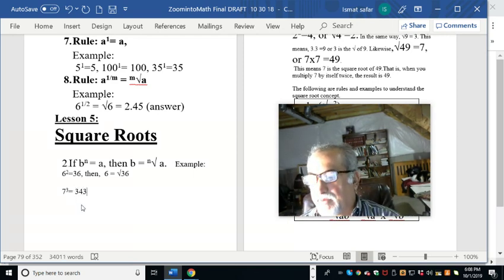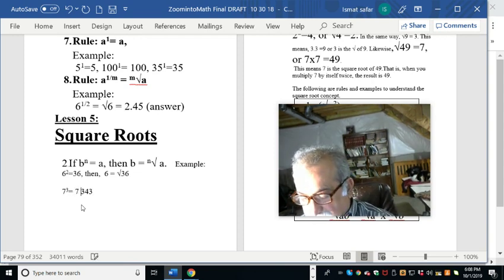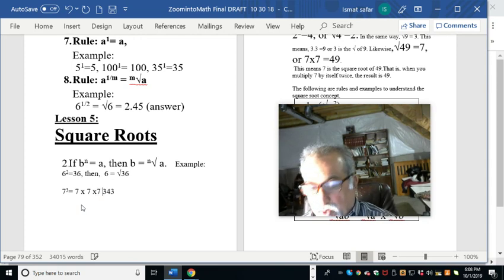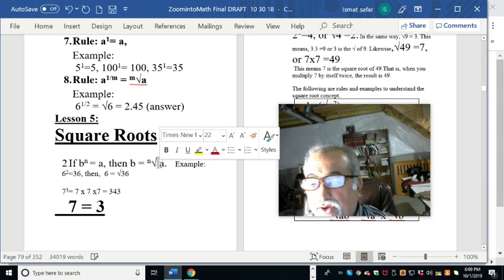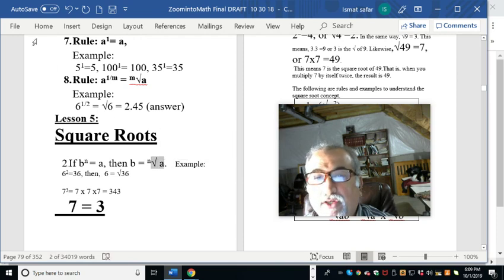So 7 exponent 3 is 7 times 7 times 7. Let me write it down: 7 times 7 times 7 equals 343. So the rule says B, which is 7, equals the nth root of A, which is the third root of 343.